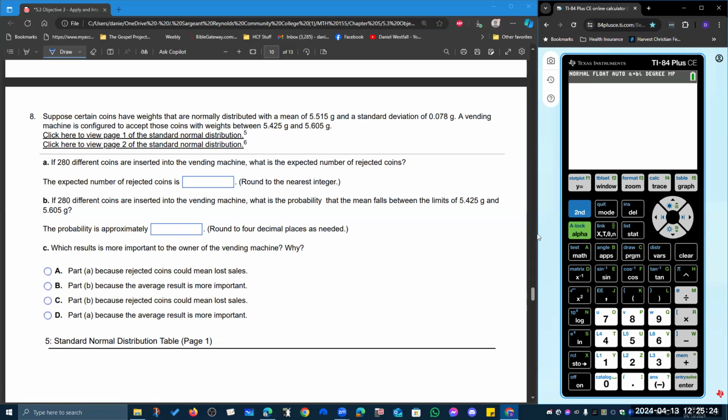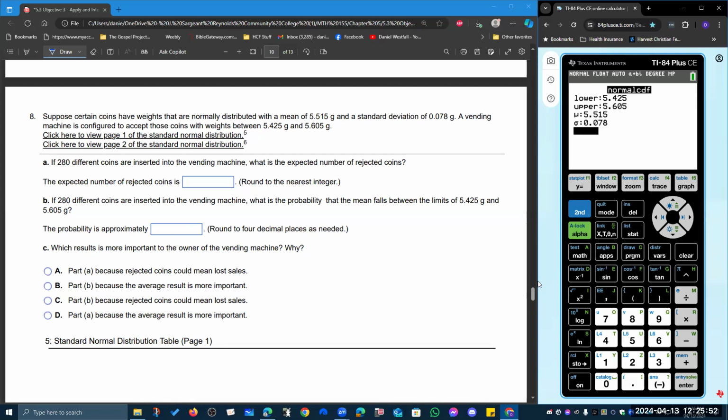Well, let's find the probability of accepting the coins, and then we'll do 1 minus. So lower bound is going to be 5.425. Upper bound is going to be 5.605. Our mean is going to be 5.515. And our standard deviation is going to be 0.078.